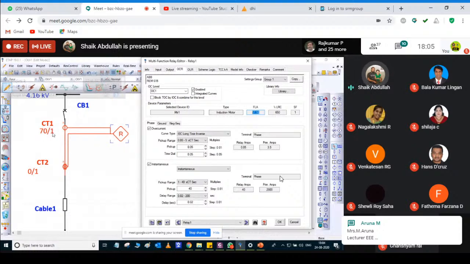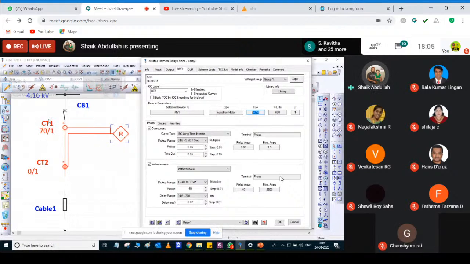So I have chosen the immediate market available size above 62.81. So the available CT ratio is nothing but 70:1. So when 70 ampere flows through my conductor, it will give 1 amp as the secondary, which is going to be sensed by my relay.